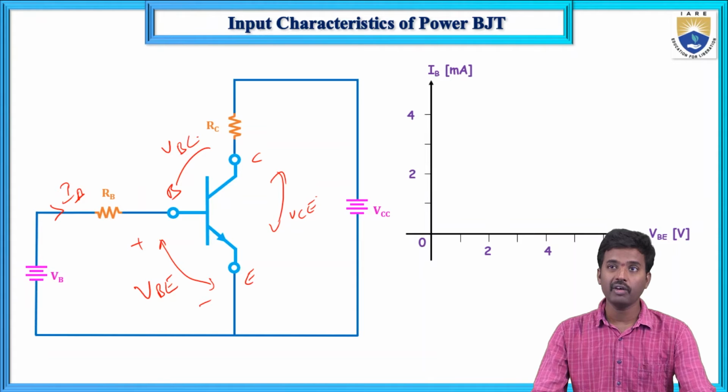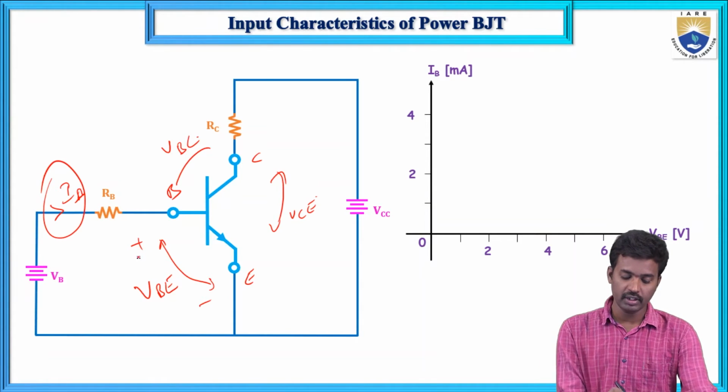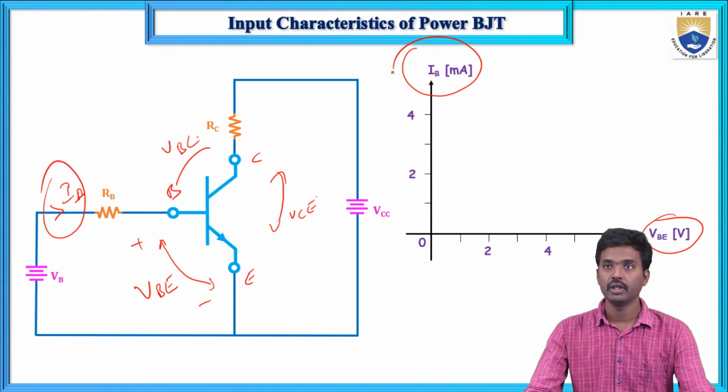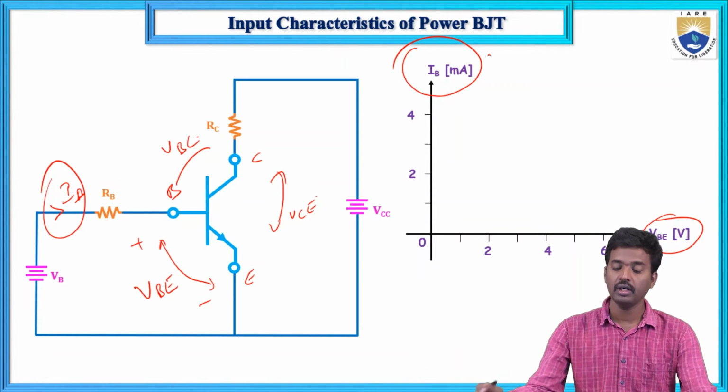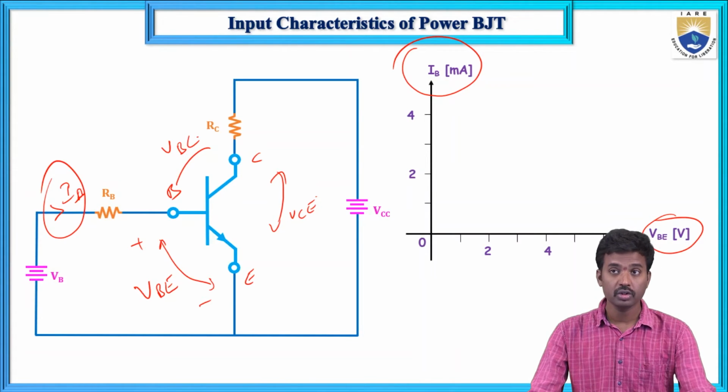If you draw the graph between this input current IB and this input voltage VBE, the current is in the order of milliamps and the voltage is in volts. The graph is exactly the same as that of the diode forward bias condition graph.